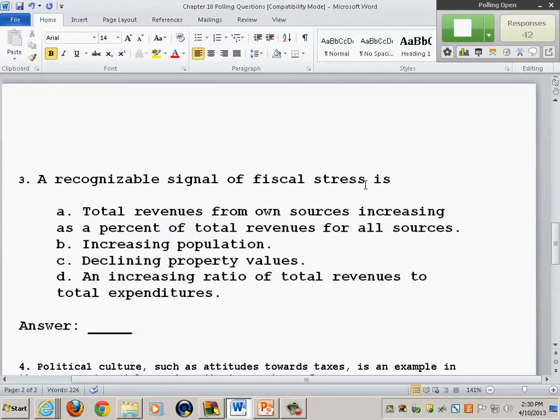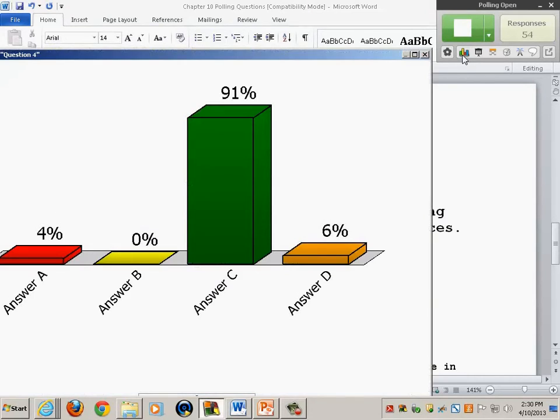This is pretty straightforward, so I hope we get 100% on this. Okay, we need two more. Okay, where's the last person? How many say 100% of the people get this right? Well, that's close, 91%.